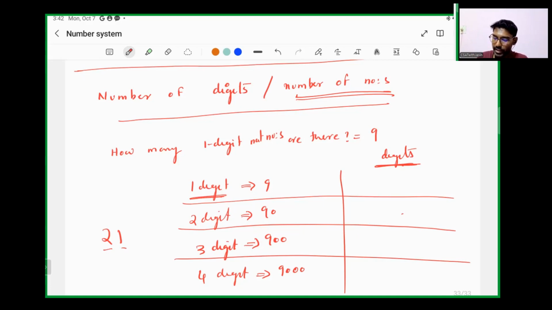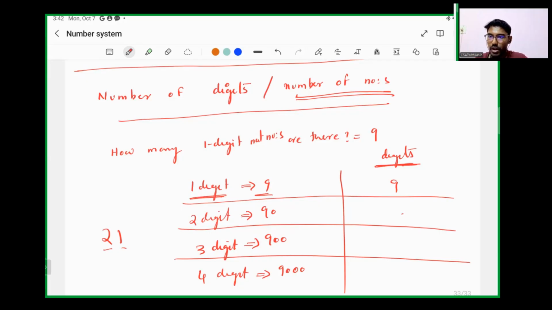You know, there are total 9 1-digit numbers, right? And each 1-digit number is having only 1 digit. So it will be 9 itself. There is no difference because each number is only having 1 digit. So number of digits in all the 1-digit numbers is only 9.